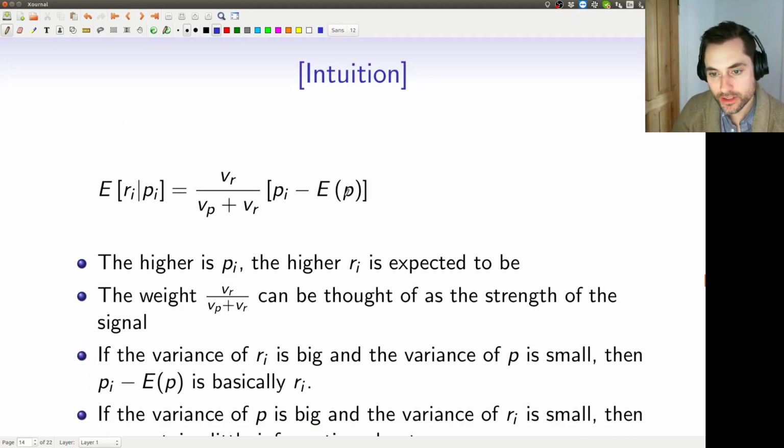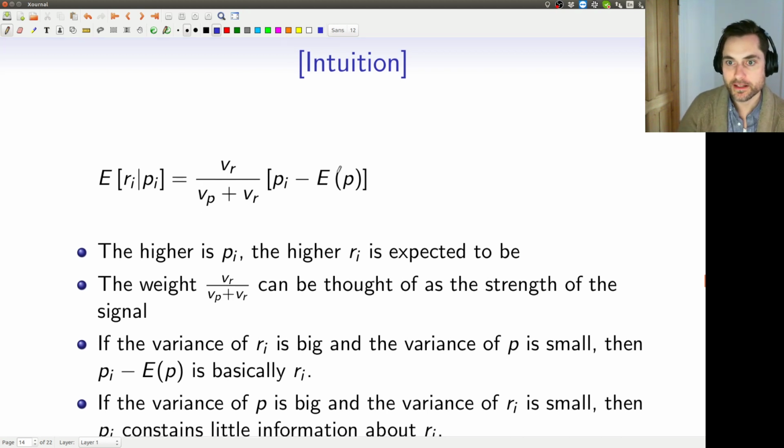So what's the intuition here? I'll do this one, then I'll take a break. The intuition is that when Pi is higher, then my expected relative price is higher. That makes sense, right? All else equal, if I don't know what the average price level is, when I observe that my price is higher, I would guess that my relative price is higher. But how much do I update my expectation? It depends upon this term here.